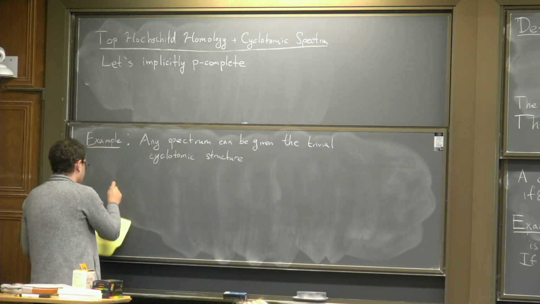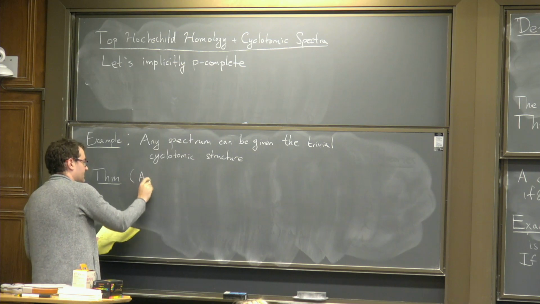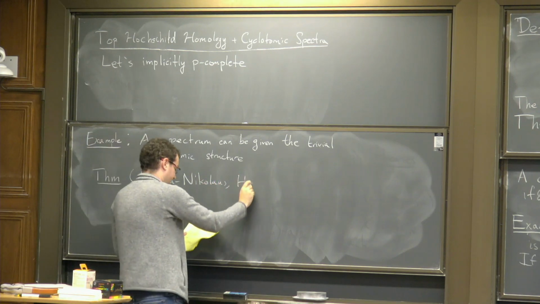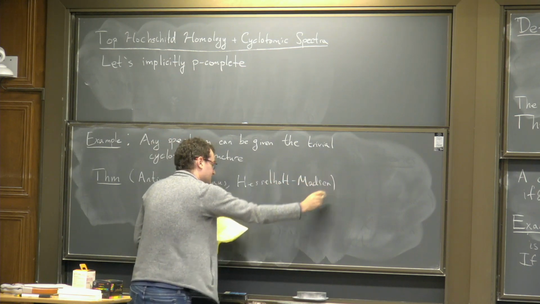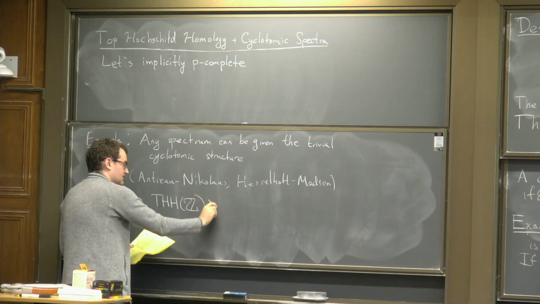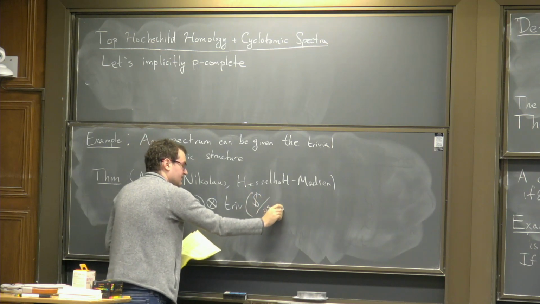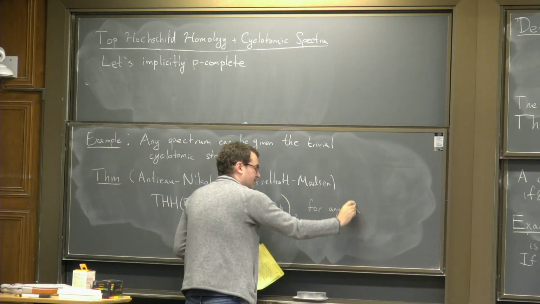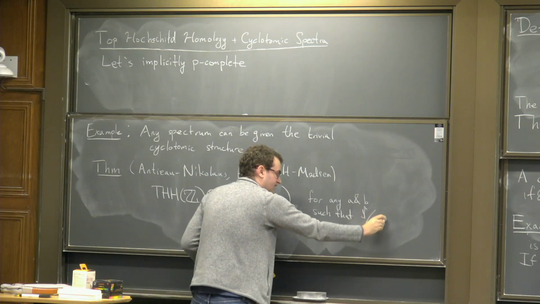And then there's a nice theorem. I guess I'll attribute this to Nikolaus, but the main computation that goes into it is due to Hesselholt and Madsen, I believe, which is that if I take THH of Z and I tensor it with the trivial cyclotomic spectrum on S/p^a v_1^b, and this is for any a and b such that S/p^a v_1^b exists.